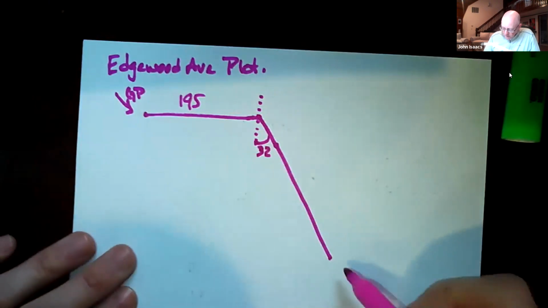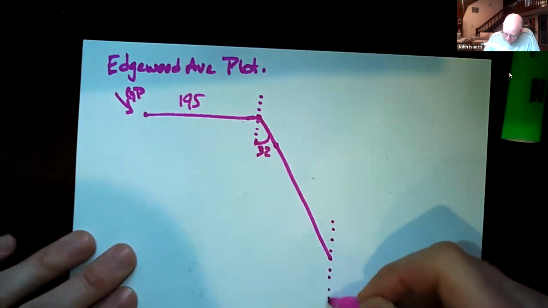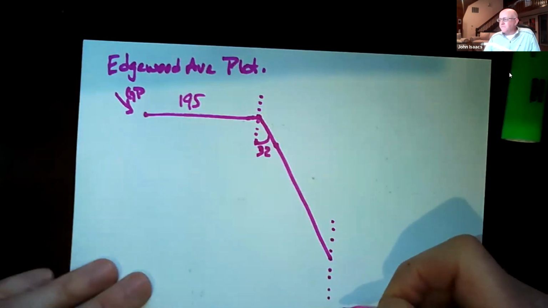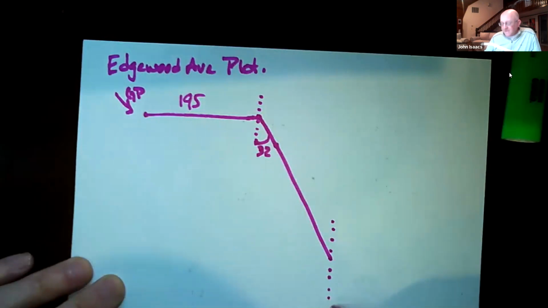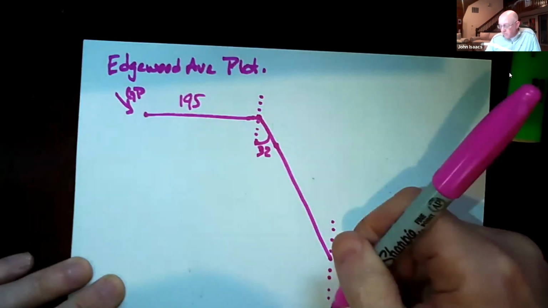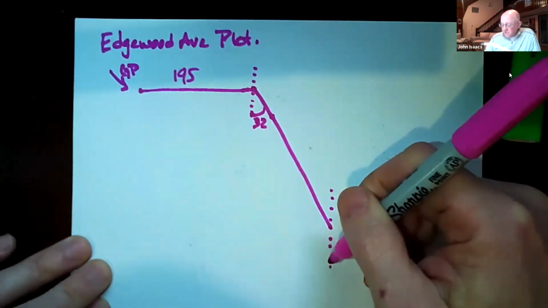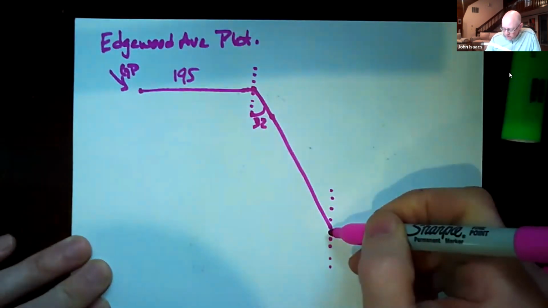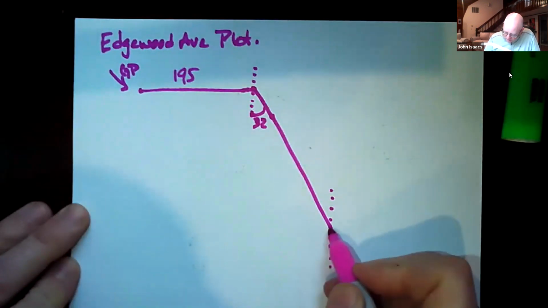Okay. Then we get here, I'm going to draw another north-south line. I always do that. And we're going to go 385 feet south 68 degrees west. So 68 degrees west of south. That's going to be something like this.